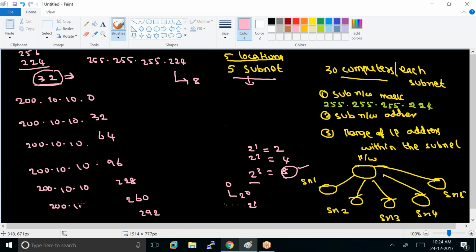These are all the ways by which we can form subnet 1, subnet 2, subnet 3. Similarly, you have 8 subnets.